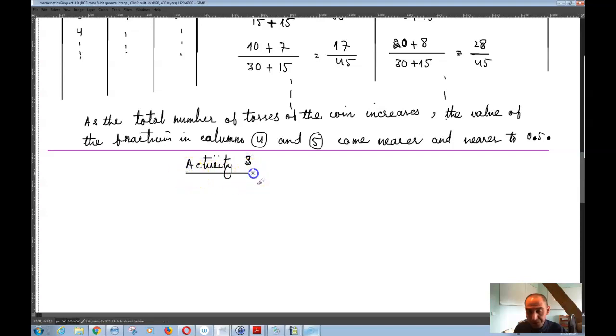In activity number 3, what we did basically was that we threw a dice 20 times, and we noted down the number of times the numbers 1 through 6 came up, and we recorded our observation in the form of a table.